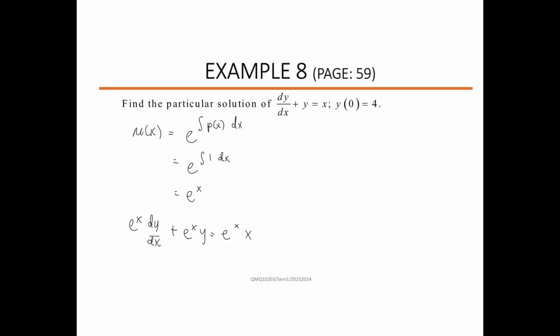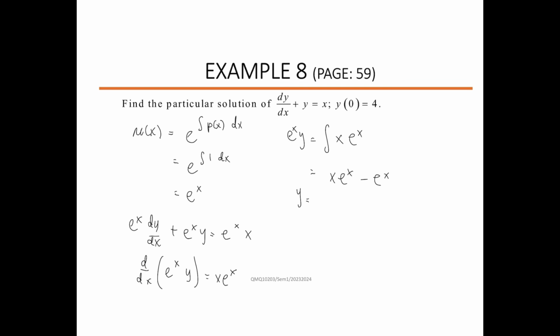The left hand side can be reduced to d over dx of e^x multiply y. Right hand side will be e^x multiplied by x. Alright, so integrate both sides. So we have e^x y equal to the integral of x e^x. So this one we already found the solution by using tabular method, which is equal to x e^x minus e^x.